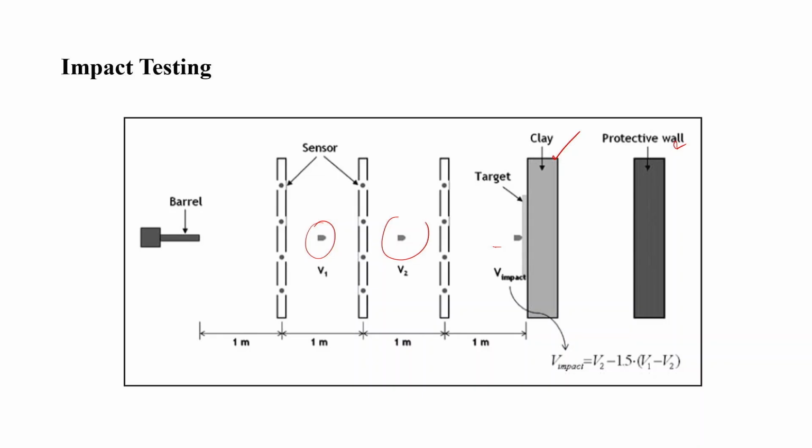The impact velocity we can calculate using this formula: V2 minus 1.5 multiplied by (V1 minus V2). So with this we can calculate the impact velocity.